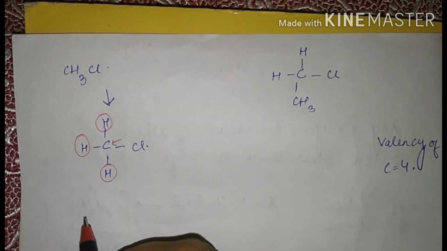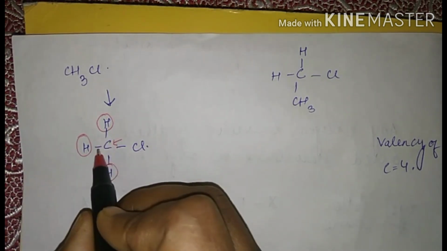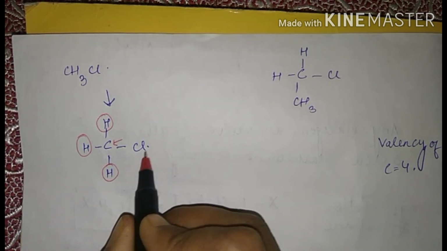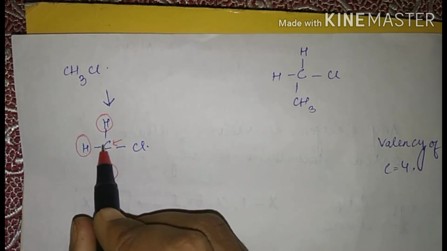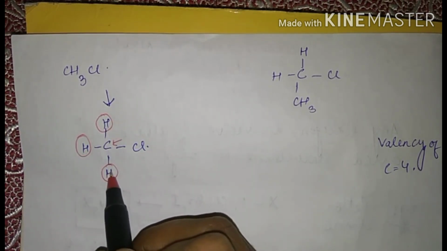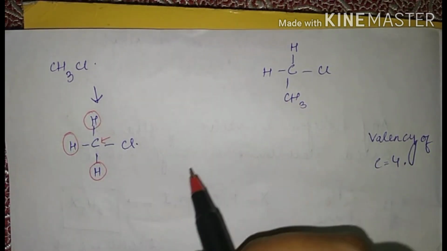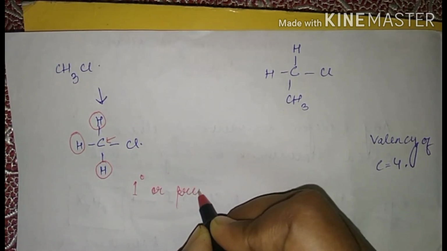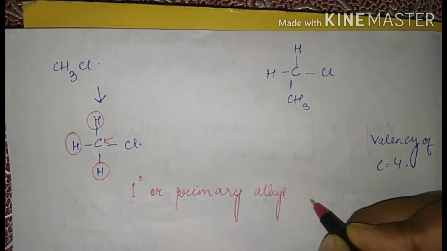Or is this a carbon atom? All the three are hydrogen atoms. So there are no carbon atoms present other than this. So this type of alkyl halide, in which the halide is connected to that carbon atom which is connected to no other carbon atoms or only one carbon atom, such halides are called 1-degree or primary alkyl halides.